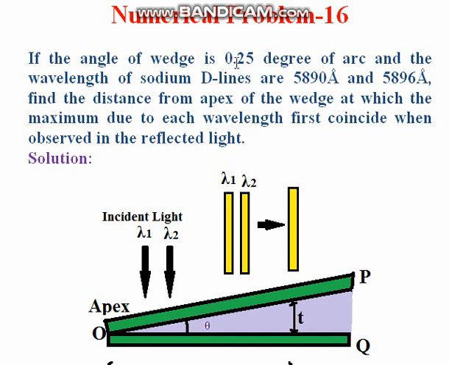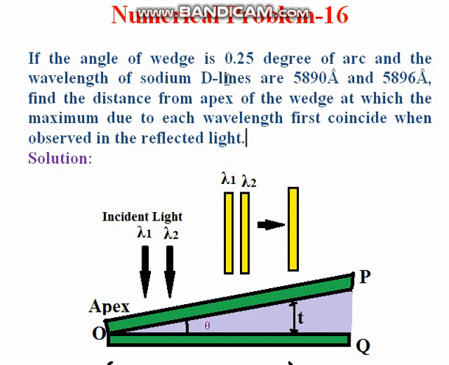If the angle of wedge is 0.25 degree of arc and the wavelengths of sodium D lines are 5890 angstrom and 5896 angstrom, find the distance from the apex of the wedge at which the maxima due to each wavelength first coincide when observed in the reflected light. So this is the question.